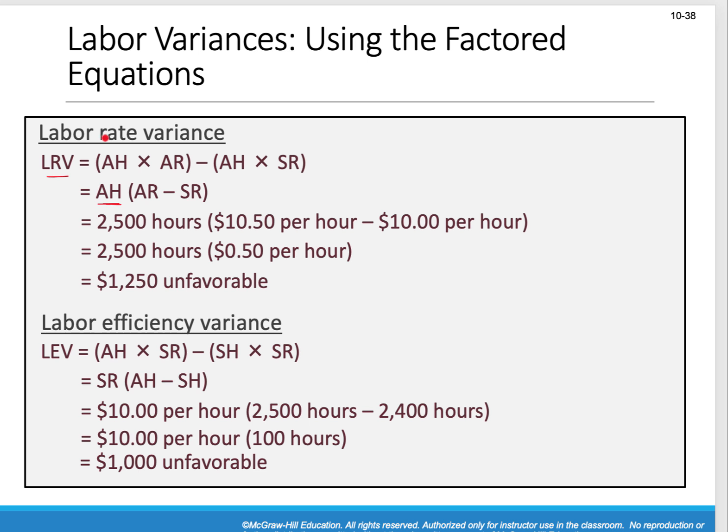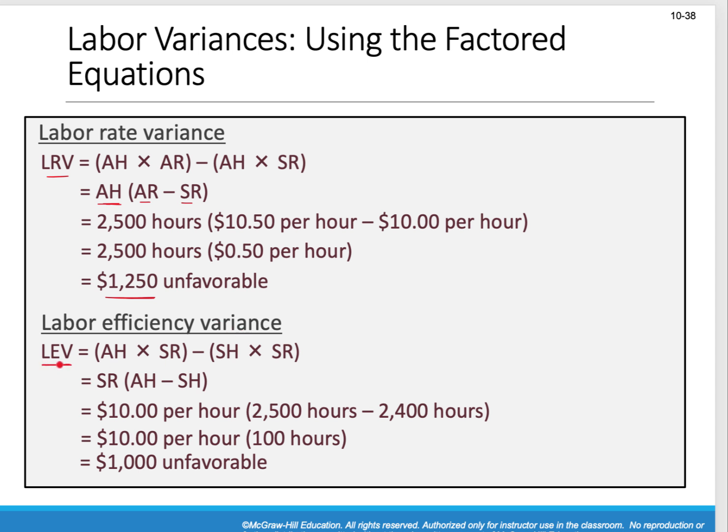So to figure out the labor rate variance, we take the actual hours, or the actual quantity that we incurred, and we multiply it by the difference in the rate or the difference in the price. Same thing. Actual rate minus standard rate times the actual hours shows us that we were unfavorable 1250.